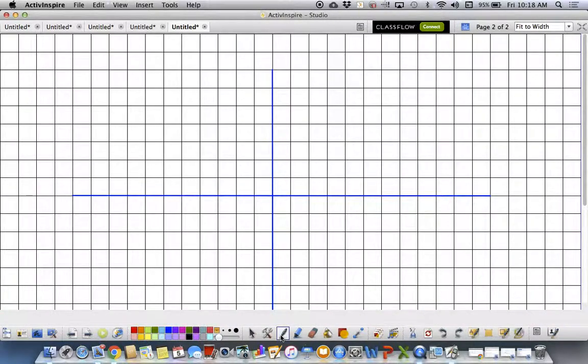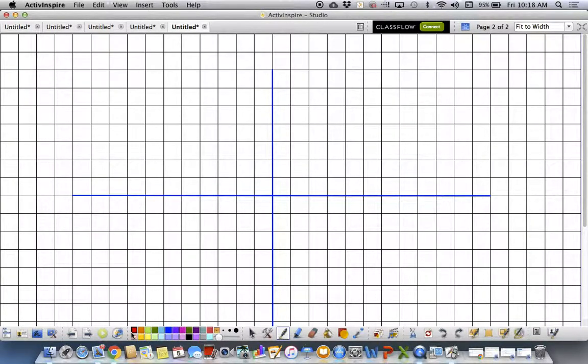I'm going to have a triangle here. Okay, so we're all going to pretend it's another shark fin.